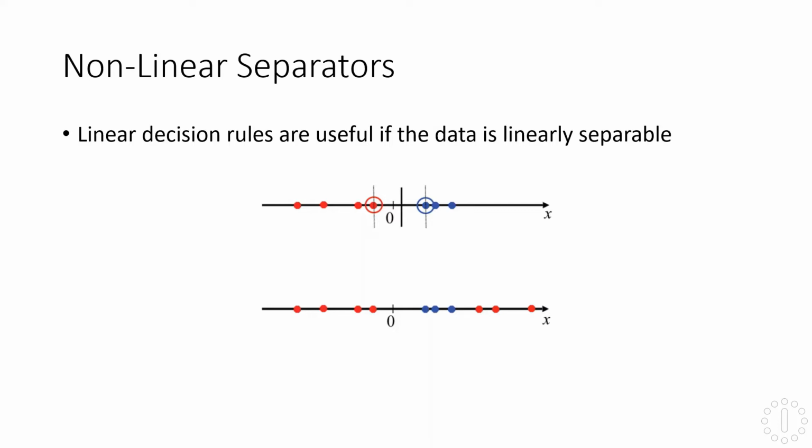However, this won't work in the second picture, in which we have some red dots here, then some blue dots here, and then some red dots again. We can't just decide everything after some line is blue and everything before it is red, or the other way around.